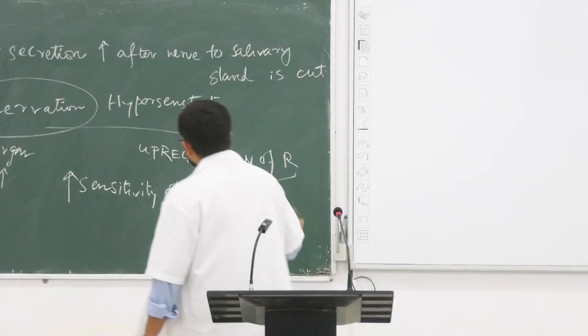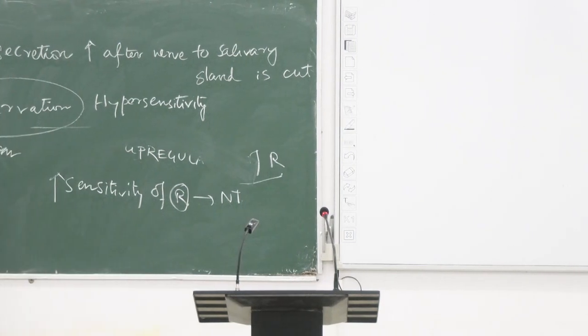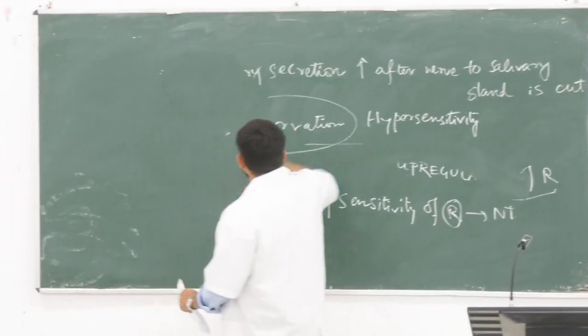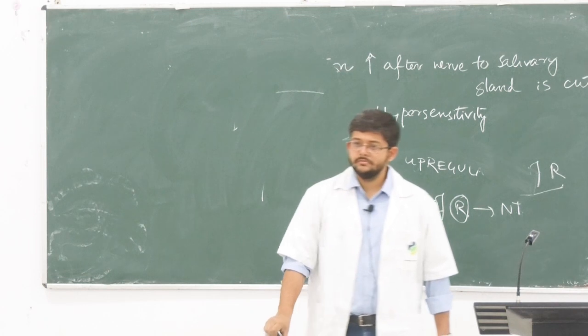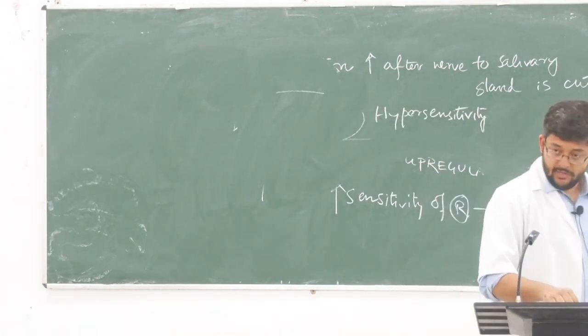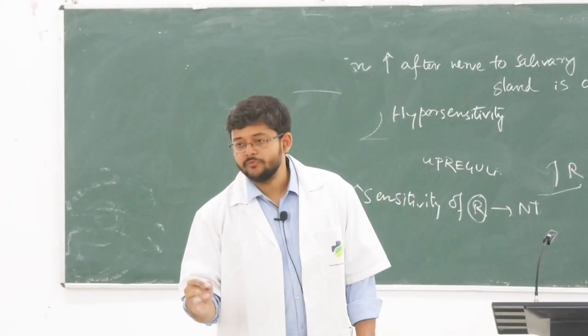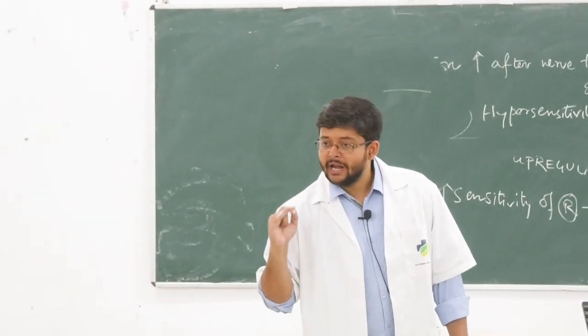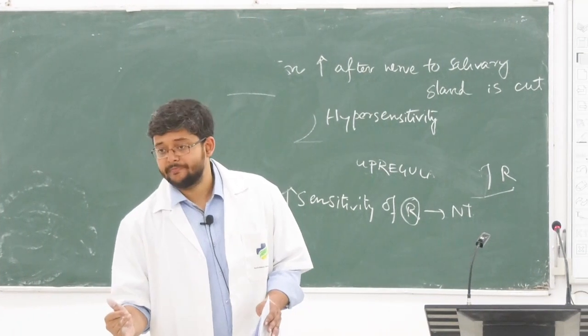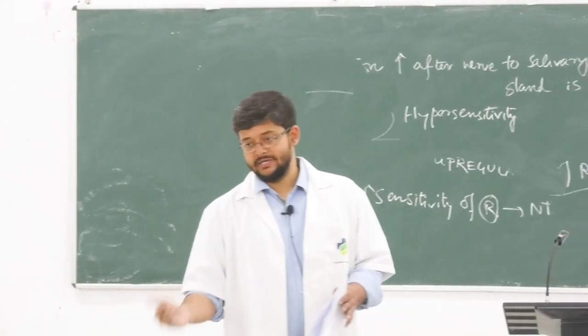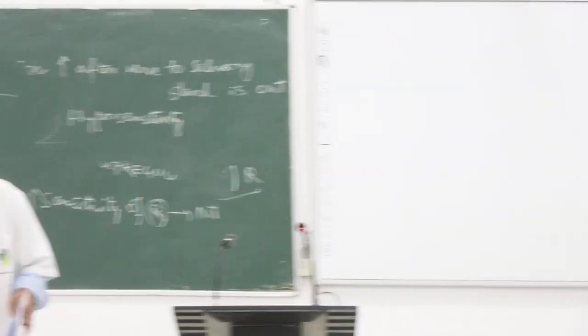Second question. Second part মানে denervation hypersensitivity. Two things are happening. One is number of receptors are increased and sensitivity of receptor to the neurotransmitter is increased. So এই জিনিসটাকে বলা হয় up regulation.